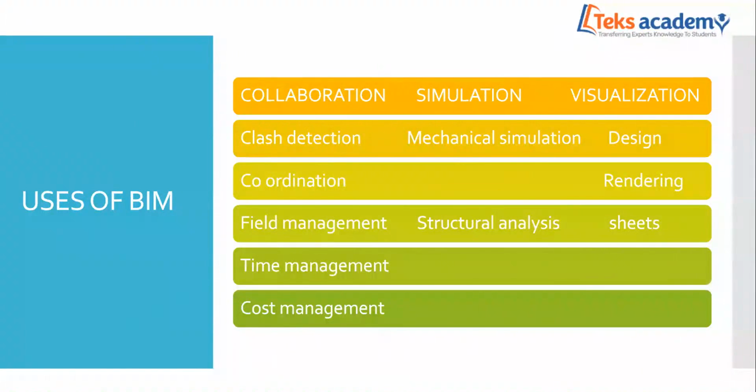So, uses of BIM. BIM is used for collaboration, simulation, and visualization. Collaboration means clash detection. Clash detection is nothing but, when you're placing your ducts, pipings, and all in your building, before placing those elements we come to know where the clash is taking place.